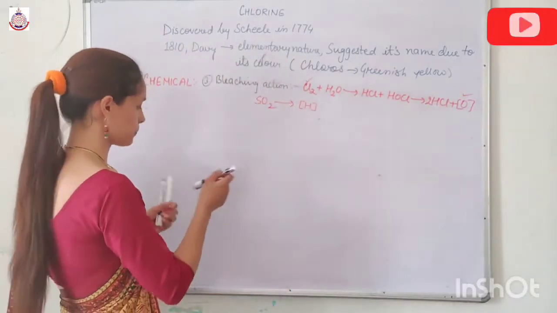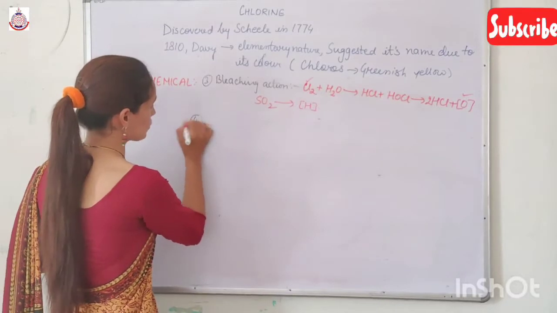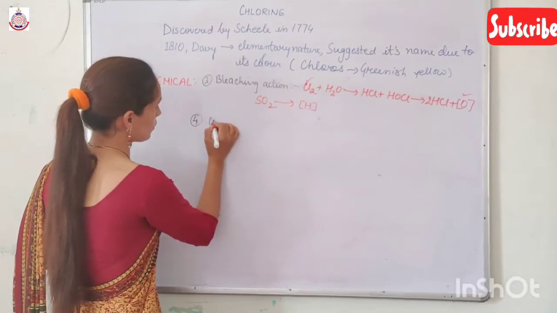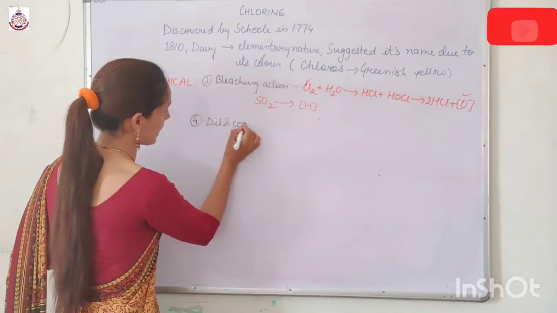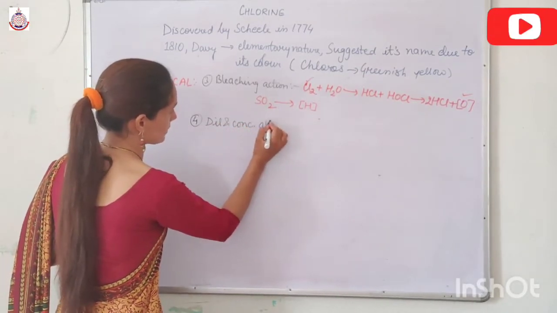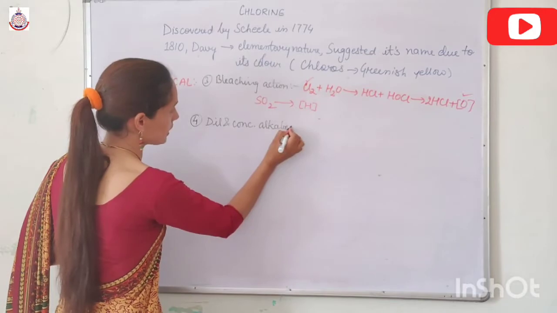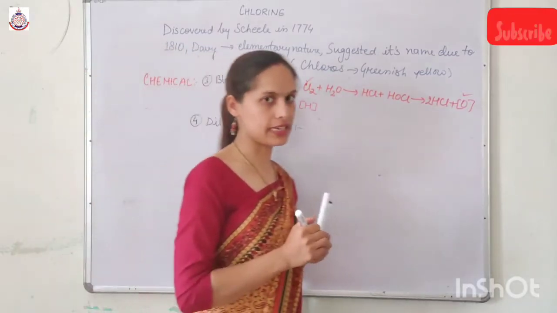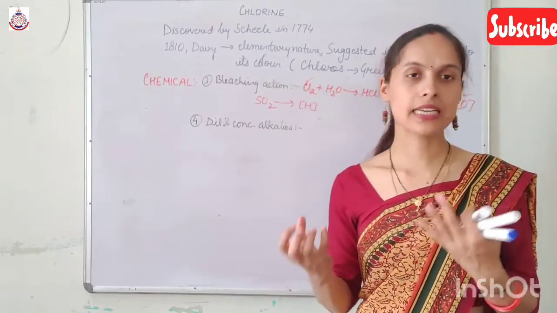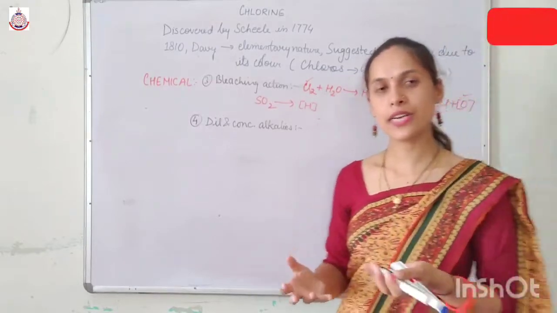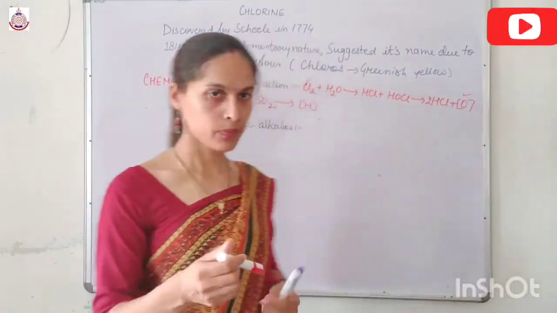Now the fourth property: reaction with dilute and concentrated alkali. So chlorine reacts with dilute alkali in a different way and with concentrated alkali in a different way.